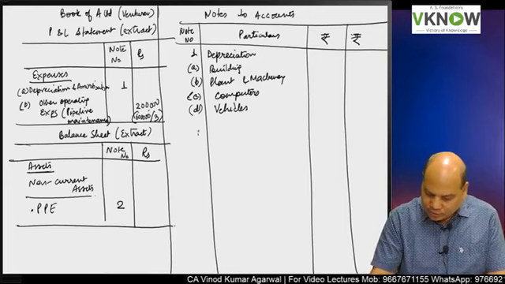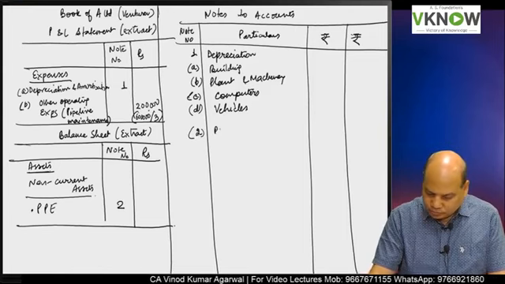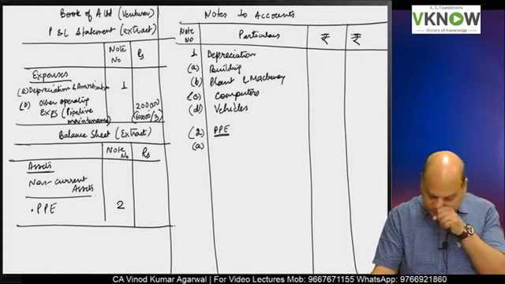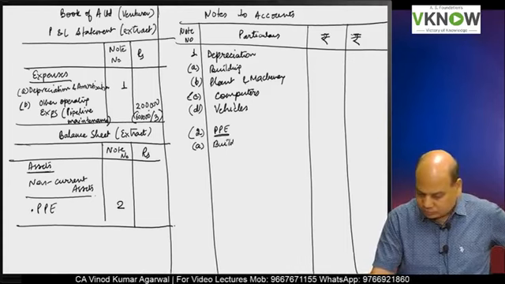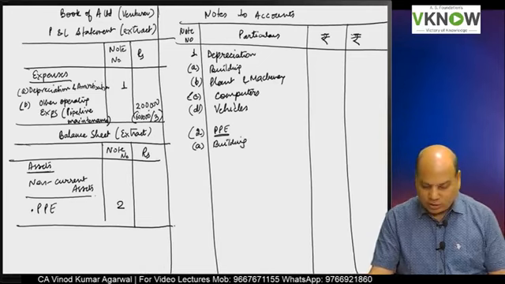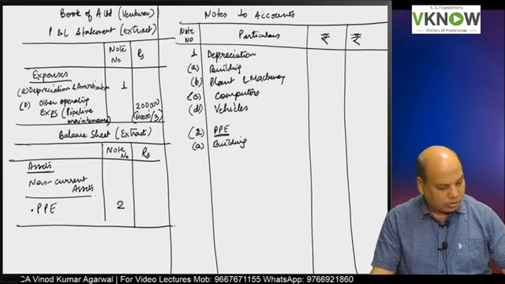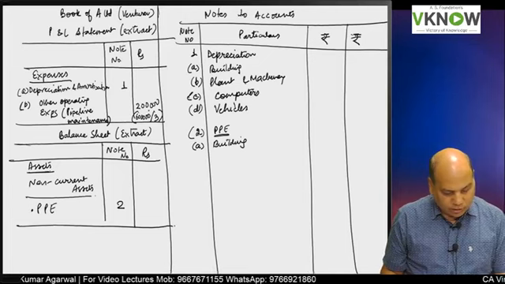Keep 2 lines blank and then you write down PPE. Under that, first A will write building. What is the total cost of the building? Total cost of the building is 12 lakh.